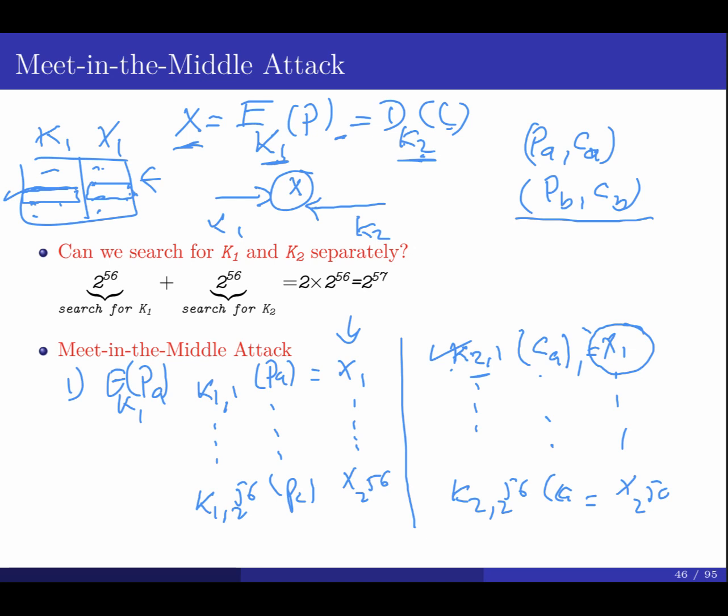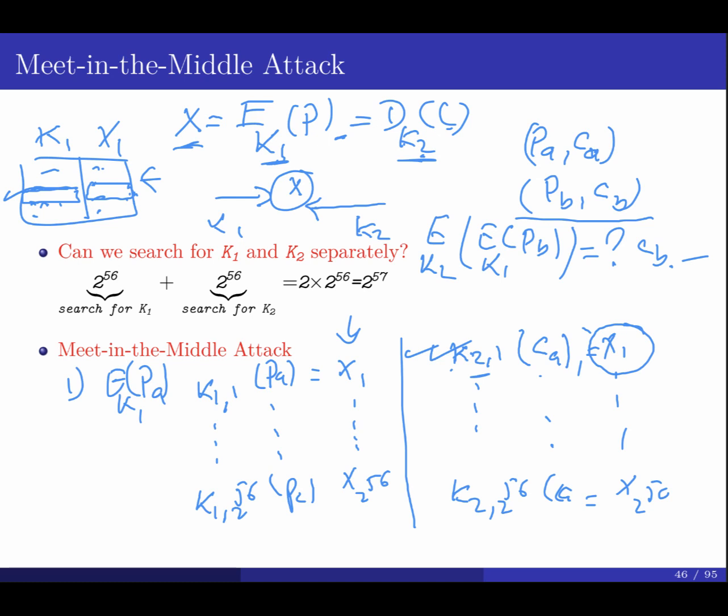So I'm going to encrypt PB with the K1 that I found here, and then after that encrypt using the K2 that I found here, and see whether it's going to produce CB or not. If they produce the same value CB, that's confirmation that I found the right keys.